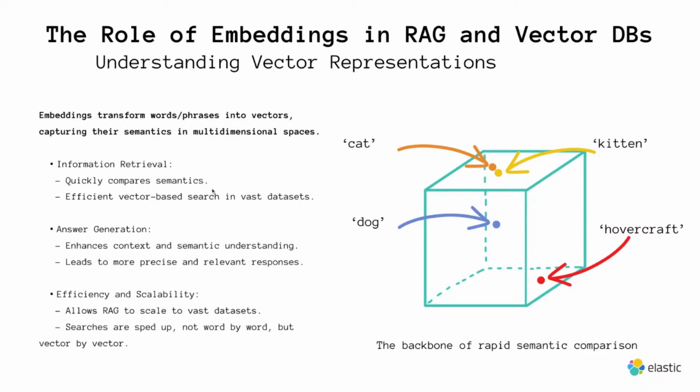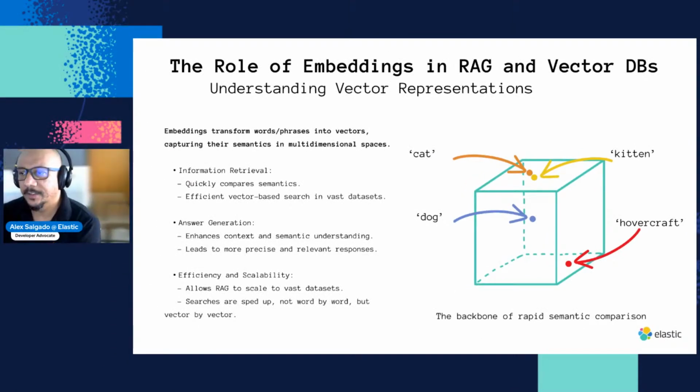Remember that inside Elasticsearch you have the dense vector with 2048 dimensions. So with embeddings, you can quickly compare semantics and we can enhance our context and semantic understanding. We can allow RAG to scale to vast databases and keep up with updated information and so on.